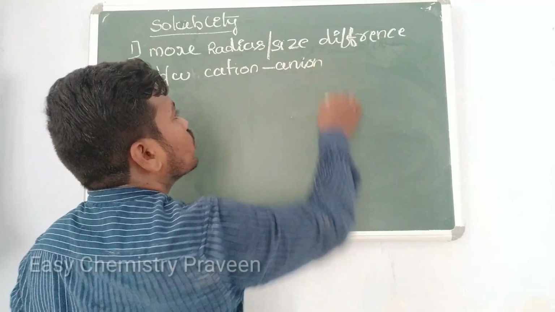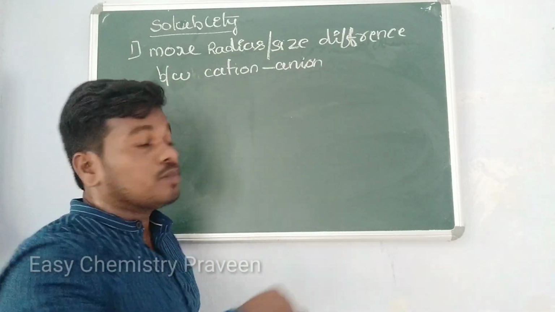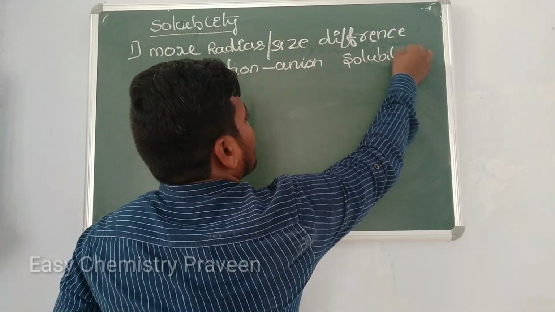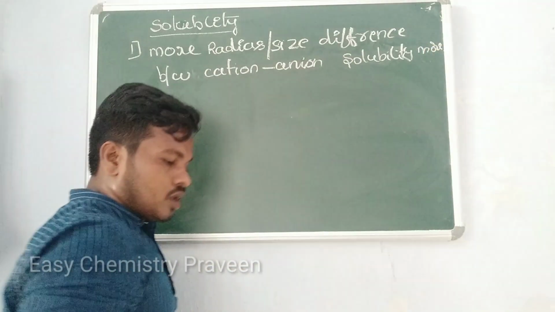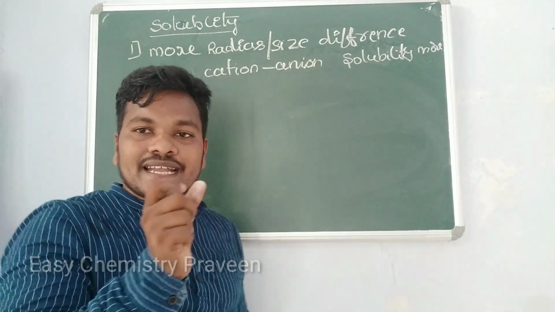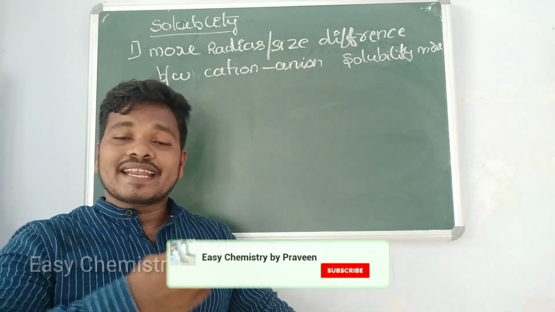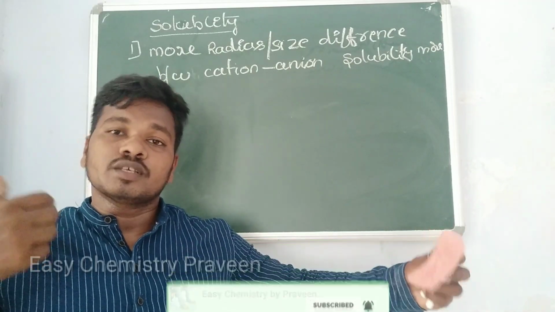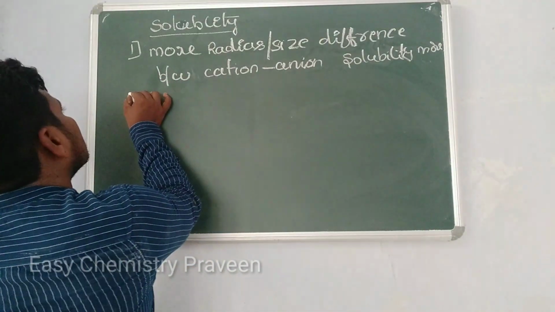What happens if the size difference between the cation and anion is more? The solubility is also more. If the size difference between the cation and anion is very small, the solubility is also very small. If the size difference is more, more solubility will be there.